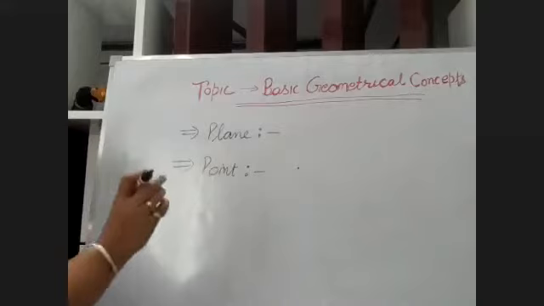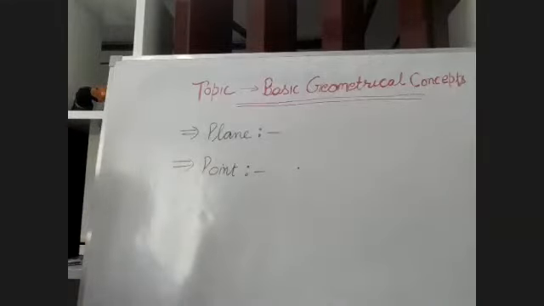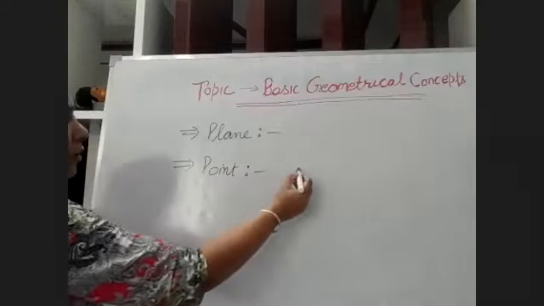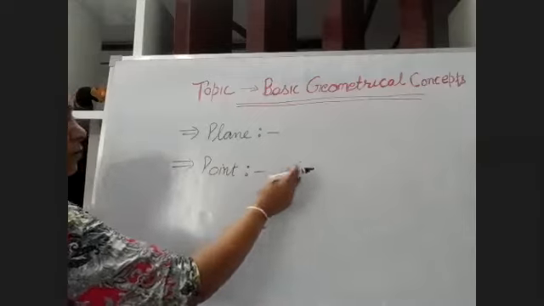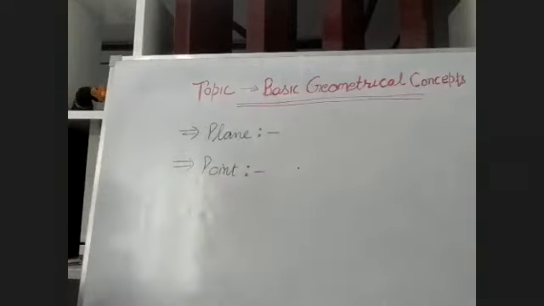It tells us the exact location of a line segment and a ray. So a point is a simple dot which we draw with the help of a pencil. A point has no length, no width, and no thickness.